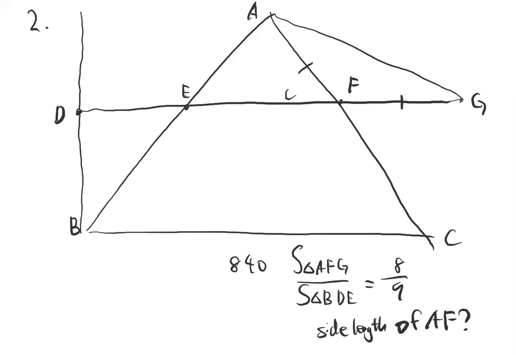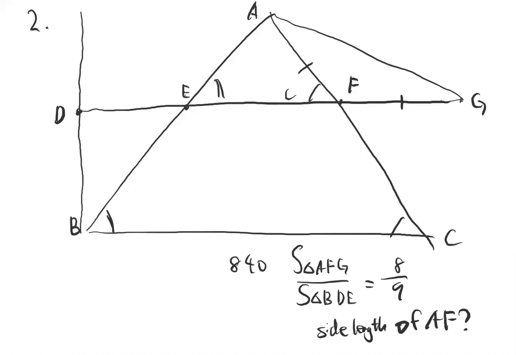Well, first of all, we have to make use of every single condition that we have. And the first condition we notice is that DG is parallel to BC, which means that this angle equals to this angle and this angle equals to this angle.